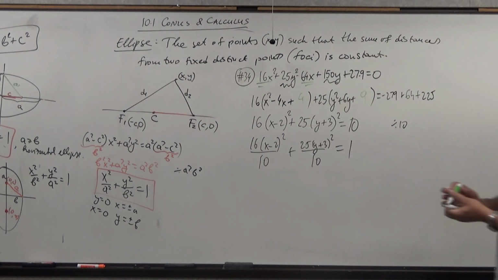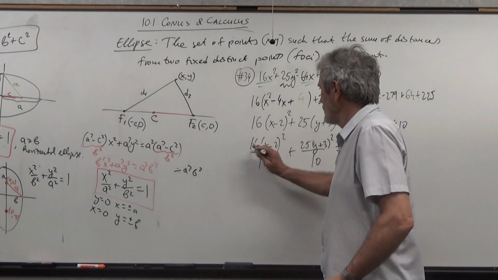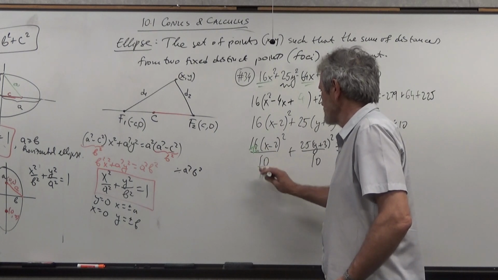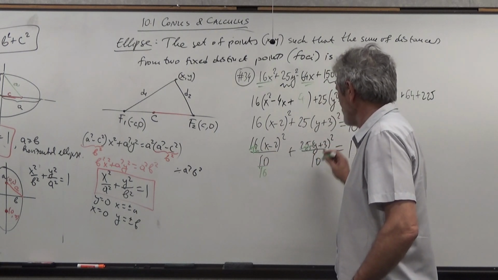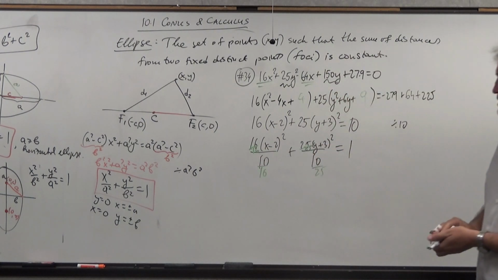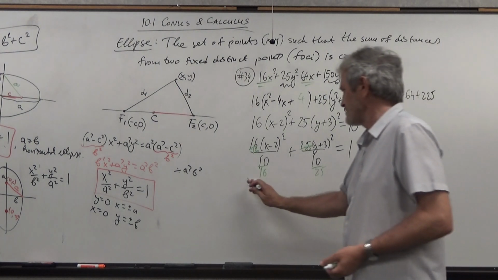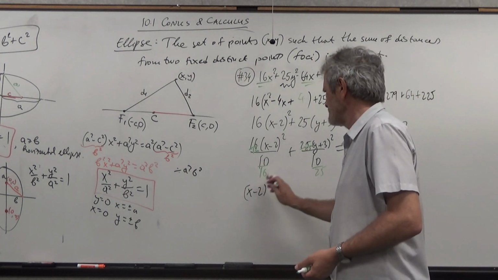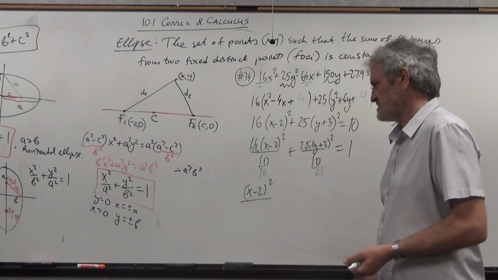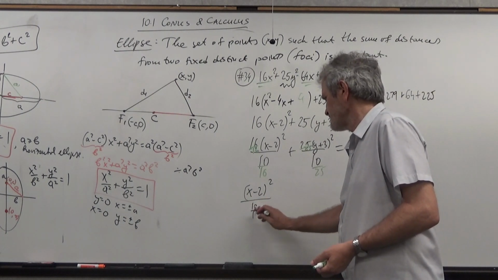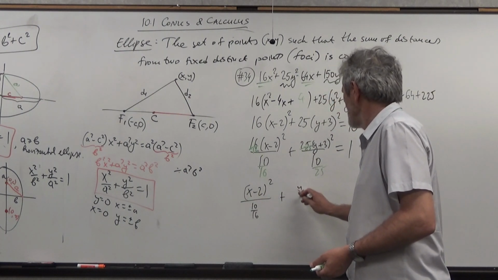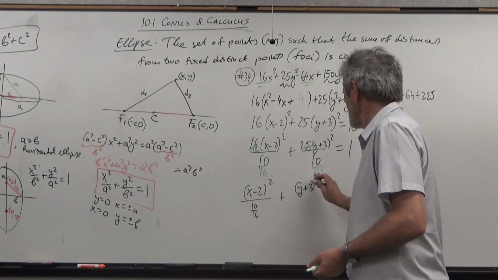That's why I'll divide by 16 up and down, which is algebraically correct. Here I'll divide by 25. So what will that do finally? It will give me my equation. It's a tiny little ellipse. 10 over 16, I'll leave it like that. Plus (y plus 3) squared.